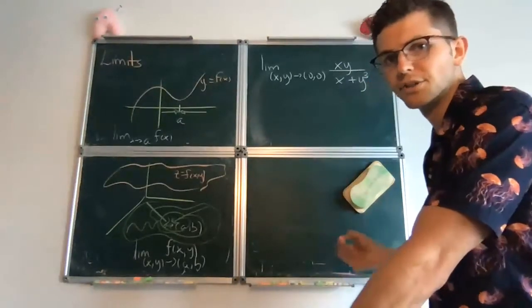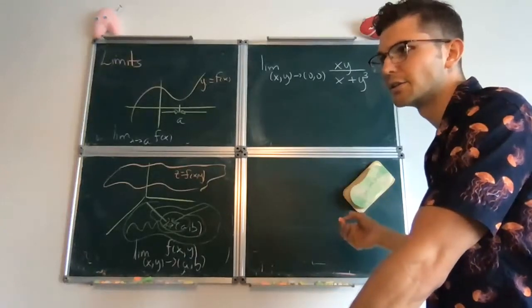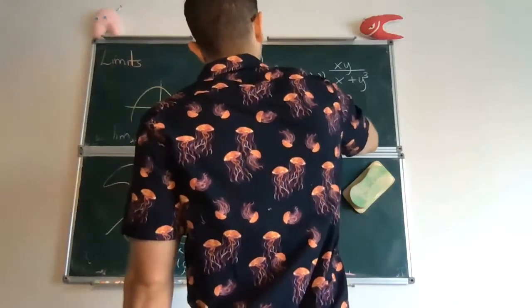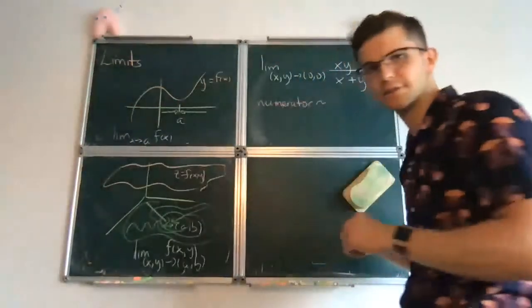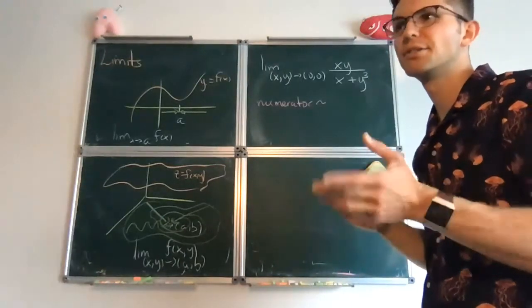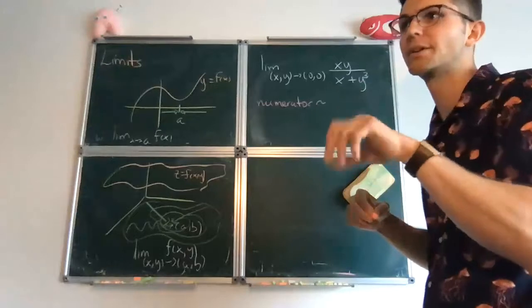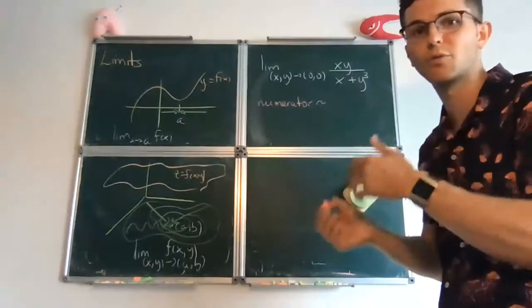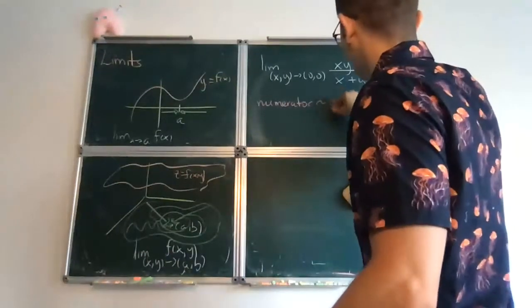So the numerator has units of length squared, which just means it's some sort of quadratic power, because you're multiplying two quantities, so it's a quadratic expression.